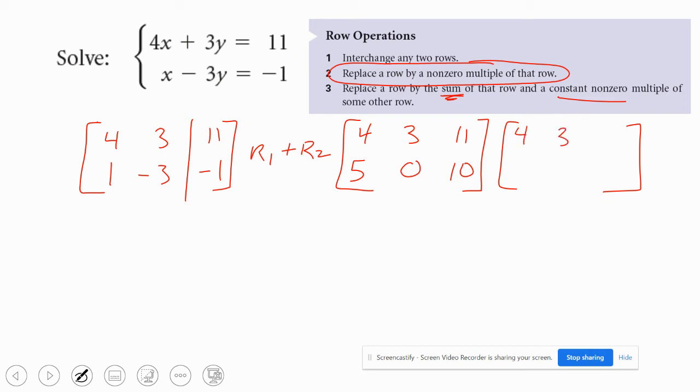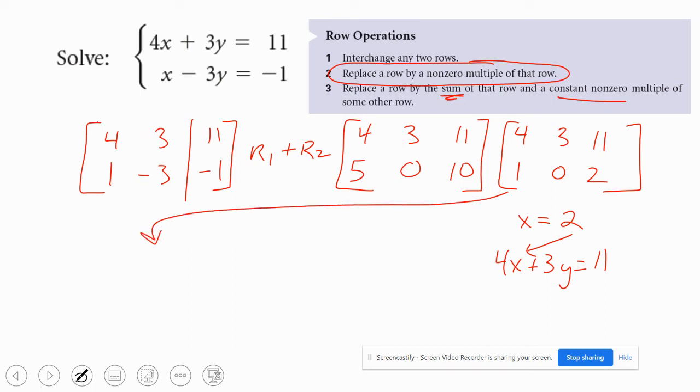So I'm leaving my row 1. So I get 1, 0, 2. That means I know right now x is 2. So with this, it's probably easier to stop and plug in x equals 2 and solve. But I'm going to keep going just so that you can see how to finish solving with the matrix.